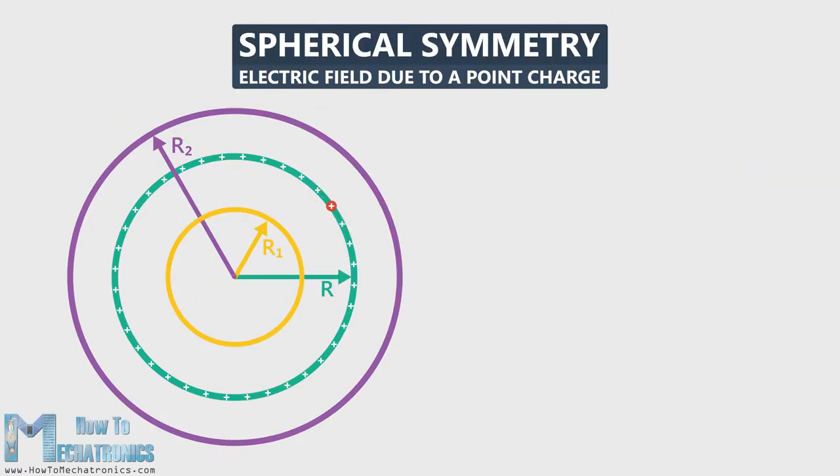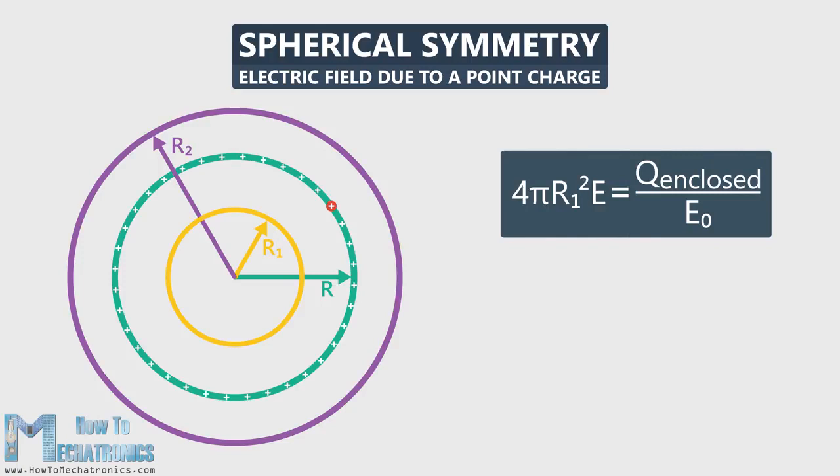From the previous equations, we know that the surface area of a sphere, which is 4 pi r squared times the magnitude of the electric field E, is equal to the charge inside the sphere Q divided by the permittivity of free space epsilon naught. However, we don't have a charge inside the smaller sphere, so the electric field is zero.